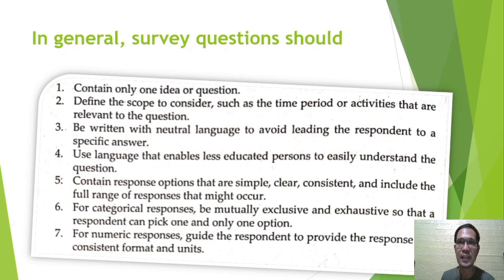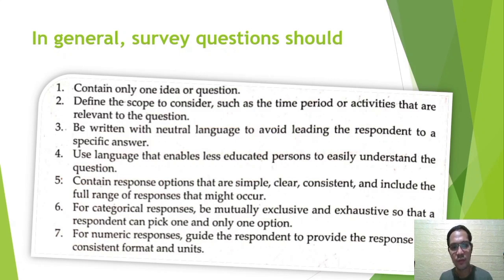In fact, in actual practice, there is what we call the translation of the questionnaire. For example, English questionnaire into a lingua franca. For example, from English to Tagalog or from English to Bisaya or Cebuano, or it depends as to where the research is to be conducted. So whatever is the dialect in the locality, the questionnaire should be translated so it could be easily understood by the respondents.